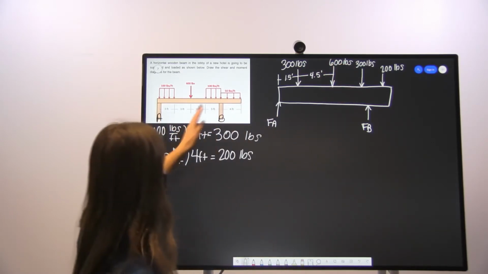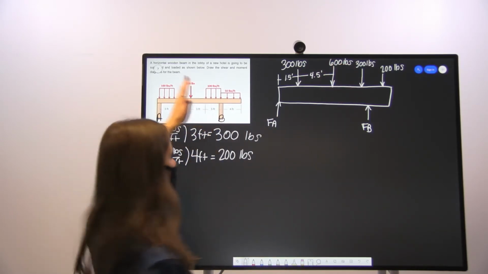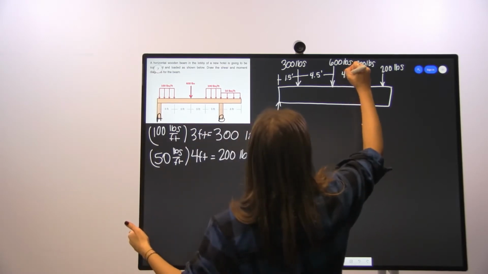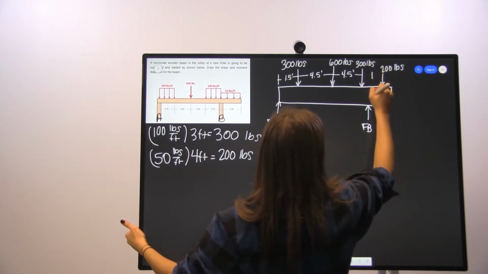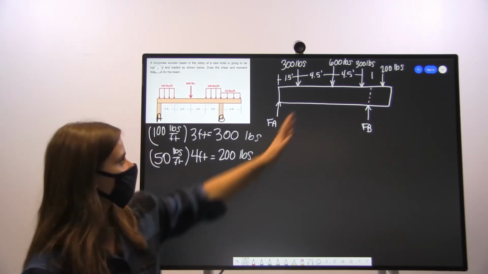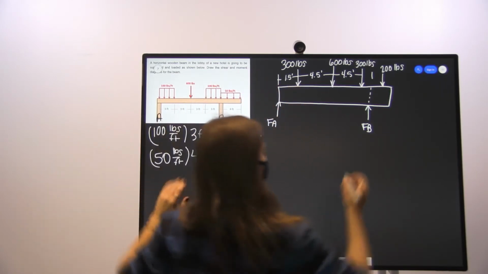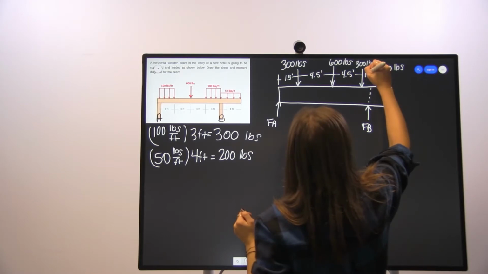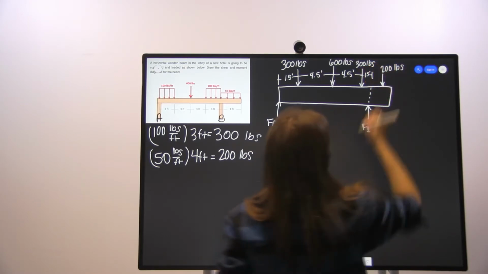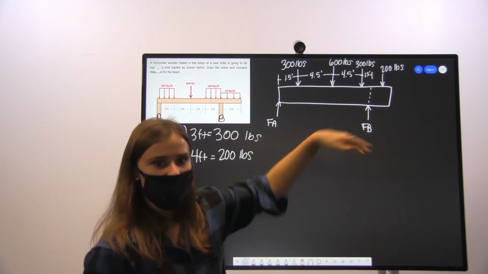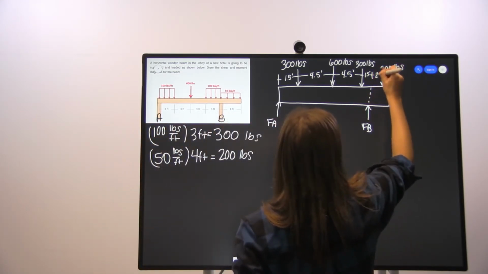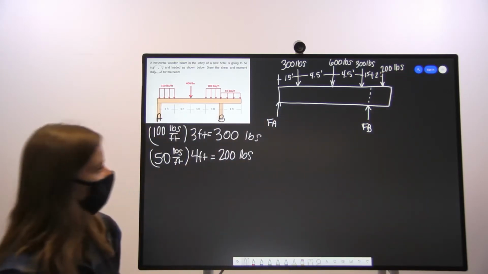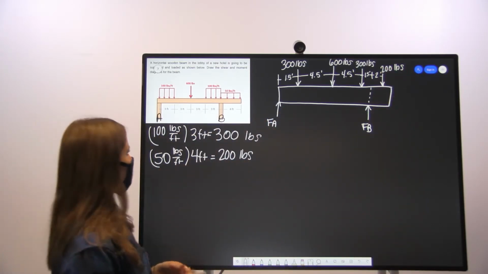And then from the 600 pounds to the second equivalent point load, another 4.5 feet. And then from our equivalent point load to our force B, 1.5 feet. And then force B to our last equivalent point load is 2 feet. Okay. So this is our start to the free body diagram.